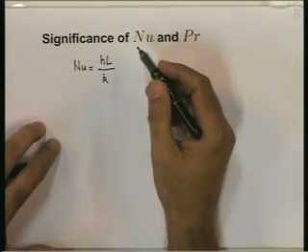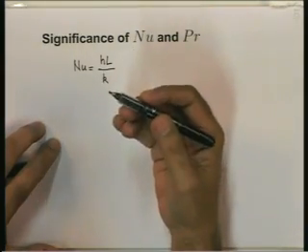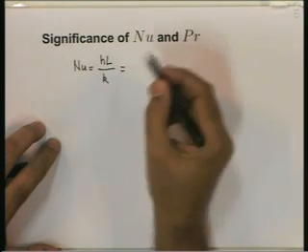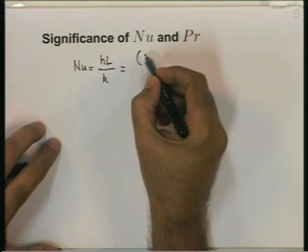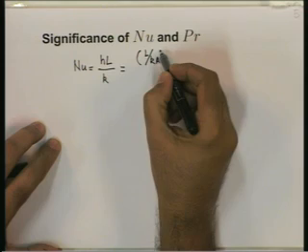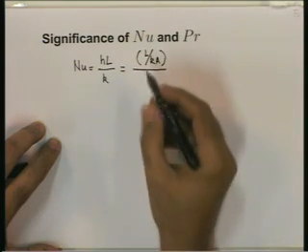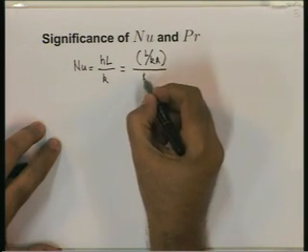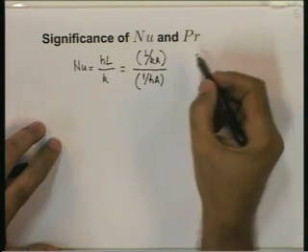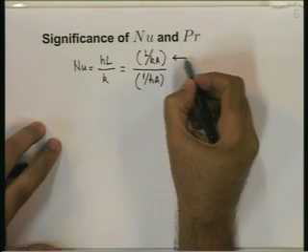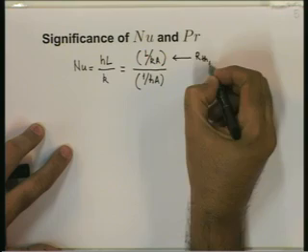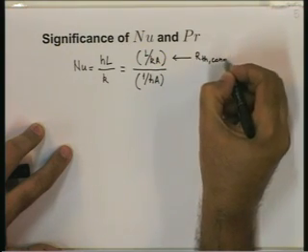Let us consider A to be the area across which heat transfer takes place, and we can rewrite this as L by kA in the numerator and 1 over hA in the denominator. Now notice that the numerator represents the thermal resistance for a conduction situation.